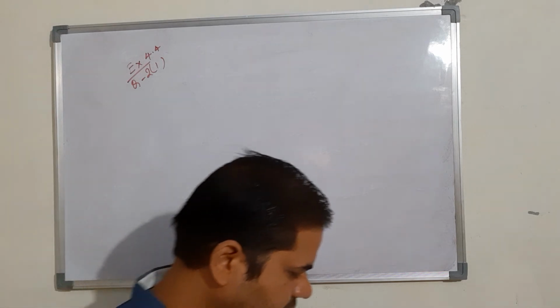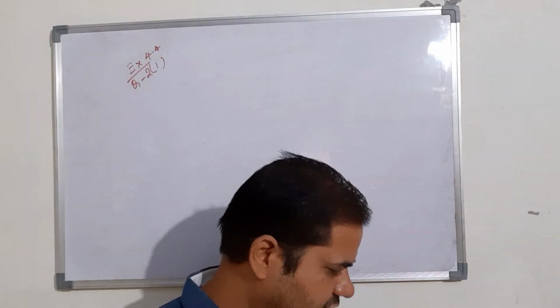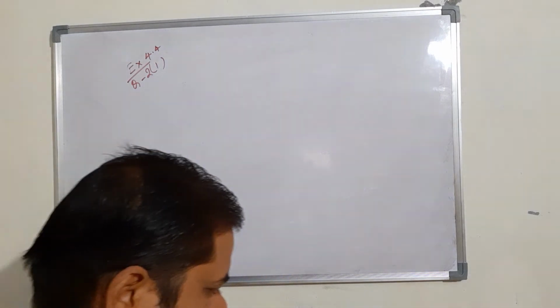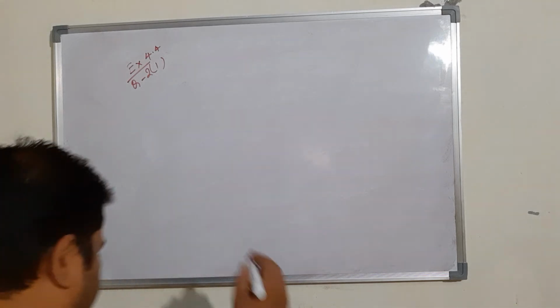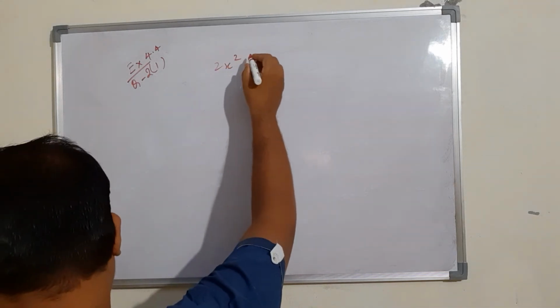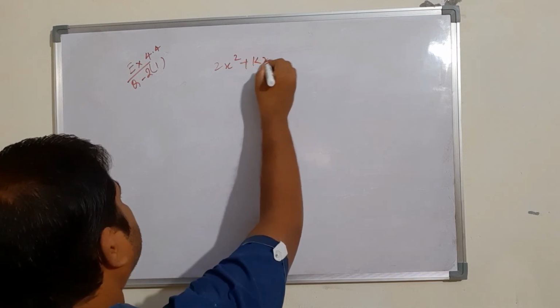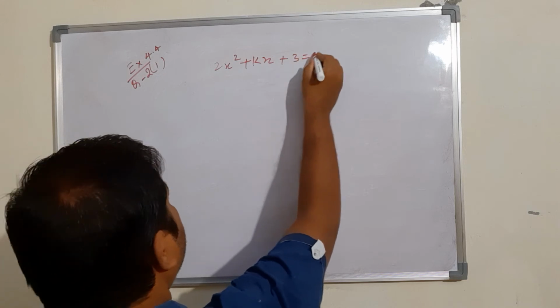So what is the question? Find the value of k for which the following quadratic equation has two equal roots: 2x square plus kx plus 3 is equal to 0.